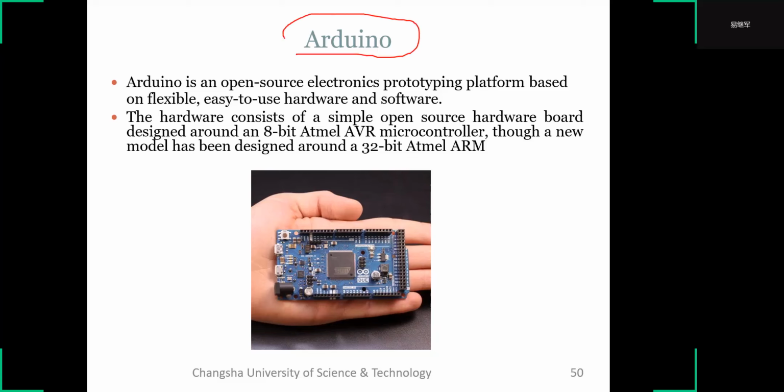Arduino is an open source hardware board. You can program this board and make your own function. It's Arduino.